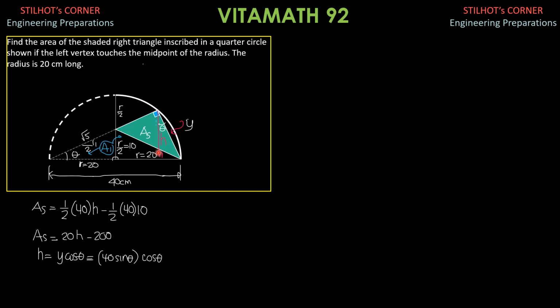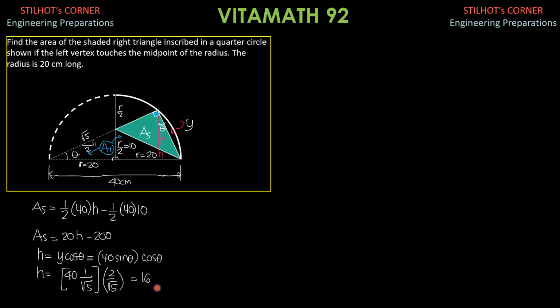Then h, because y is 40 sine theta, we just copy cosine theta. From the figure, sine theta is 1 over square root of 5. Cosine theta is 2 over square root of 5. Substituting, h is 40 times 1 over square root of 5 times 2 over square root of 5. So that's why it is 16.